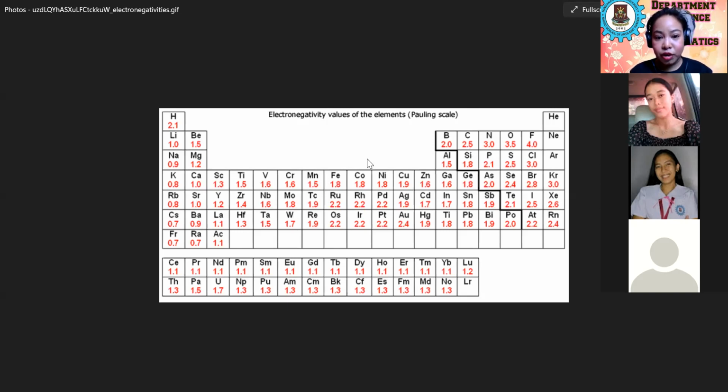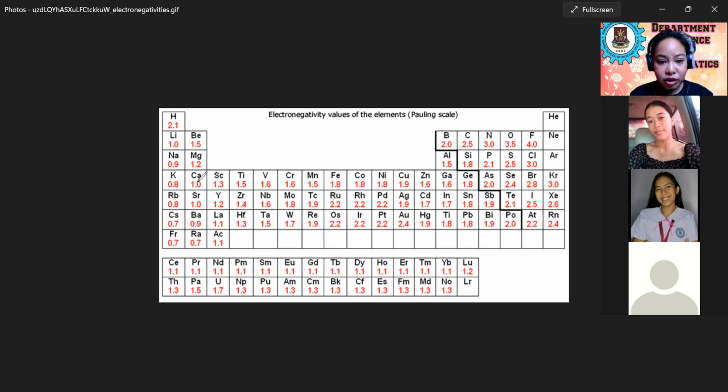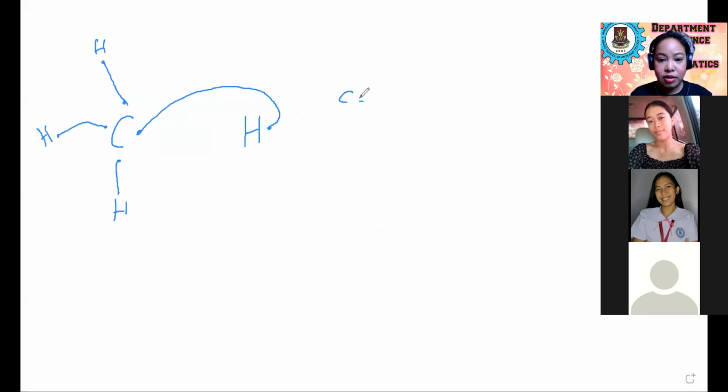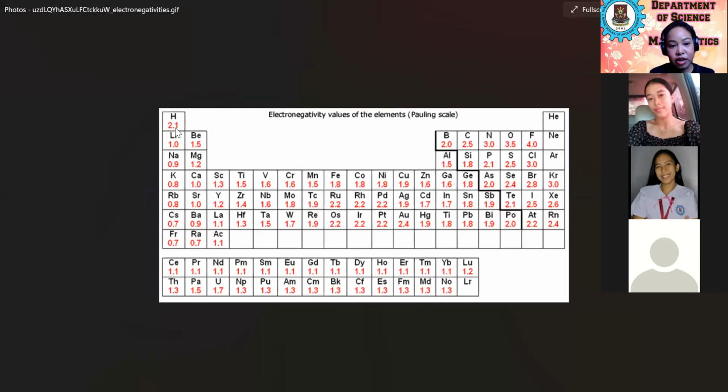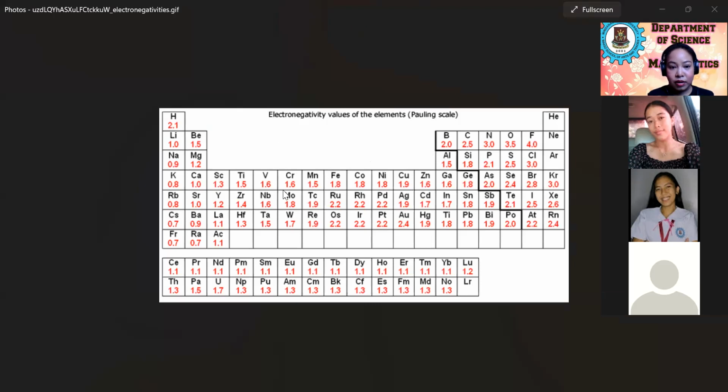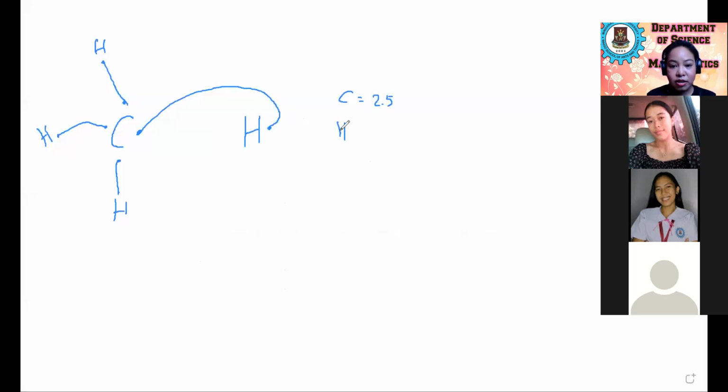So, carbon has a value of 2.5. How about for hydrogen? Hydrogen is 2.1.